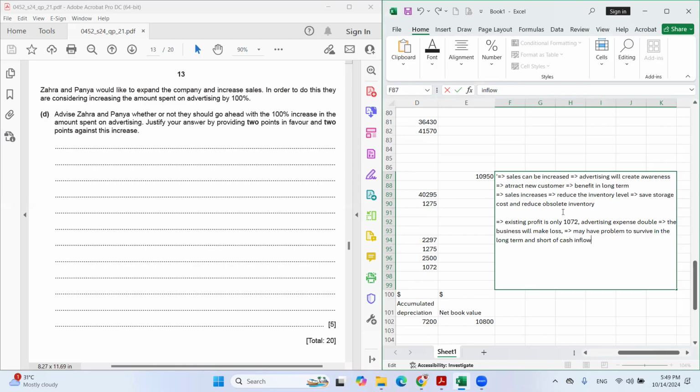In this case, the business may need to borrow money to continue the advertising. So what happens? You have to pay interest, incur loan interest. So this is not a good thing for the company.